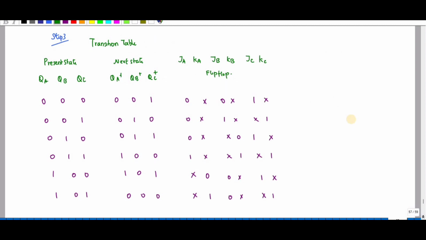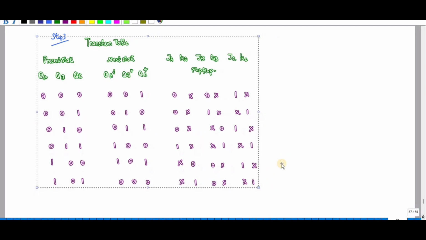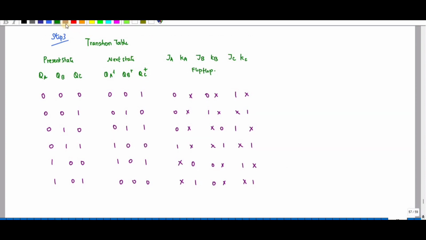But before this you have to write the values for 1 1 0 and 1 1 1. So what is the value of 1 1 1 0? We don't know the value, we don't know where it will go, right?